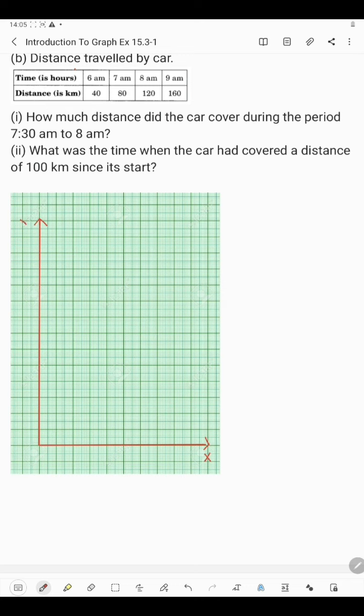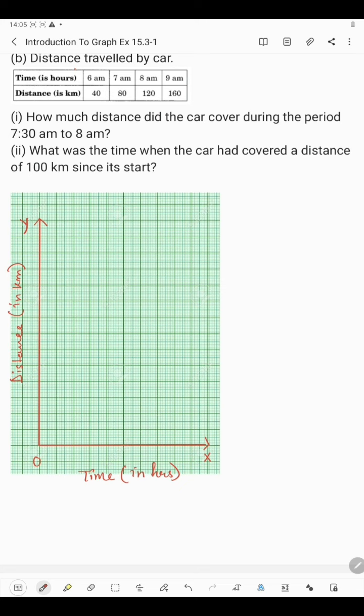And both the axes meet at point O. Now we are measuring time in the horizontal axis. Time is given in hours. And measuring distance on the vertical axis, and distance is given in kilometer.